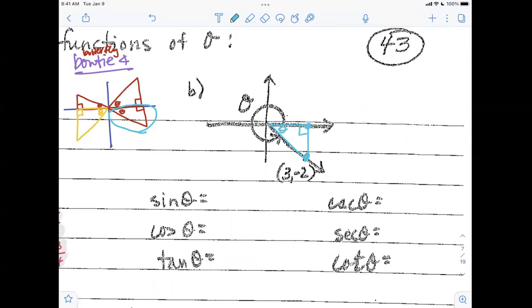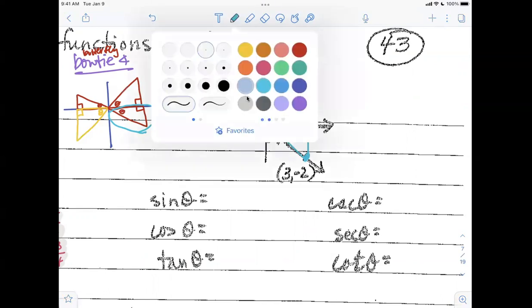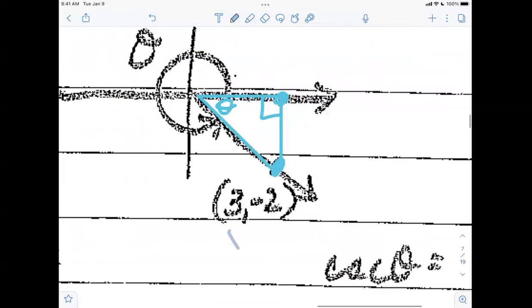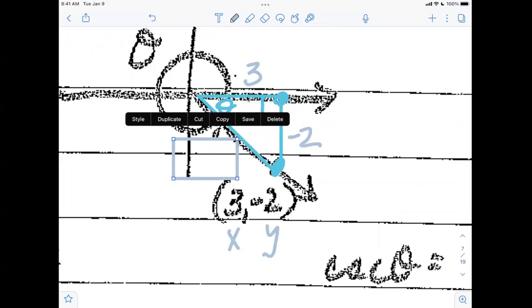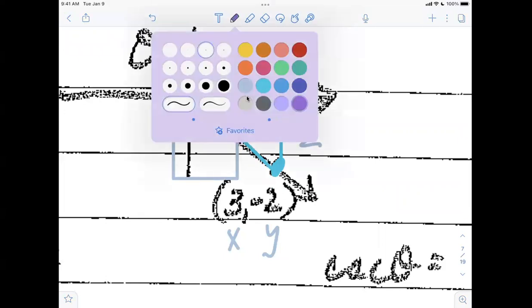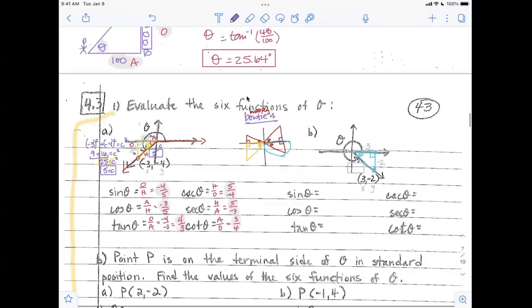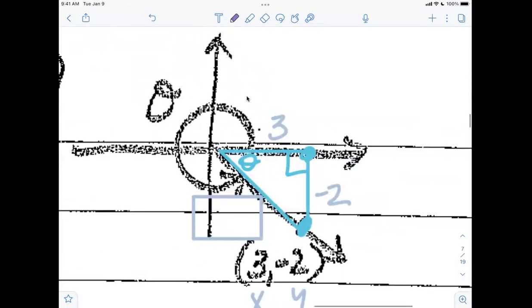And now I want to use the points that were given to me. 3, -2. 3 is my x, so that means 3 is my horizontal distance, and then -2 is my y, so that's my vertical distance. Now we want to find out what my hypotenuse is, what my c is, using our Pythagorean theorem. A and B don't matter, but C is always the hypotenuse.